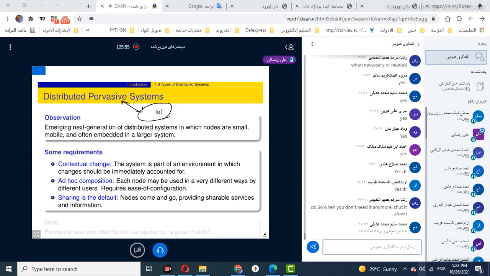Okay, I told you that sharing is the default. Nodes come and go, providing shareable services. What it means is that, for example, when you are on a train, you can provide some services, for example, some files to other passengers. You can even use your mobile to provide a hotspot. Okay, you can create a hotspot on the train and provide the passengers with internet.